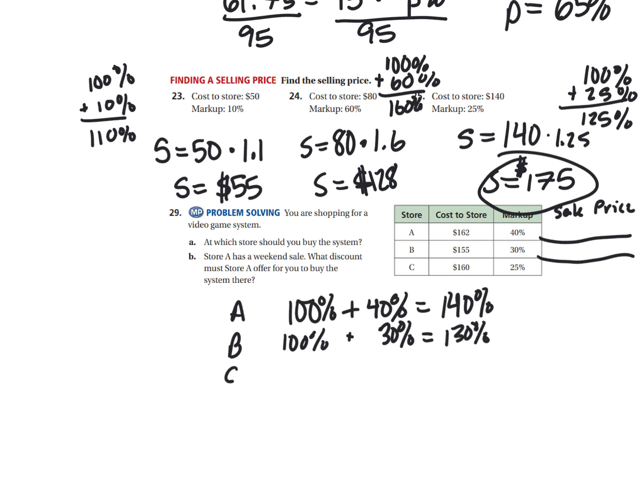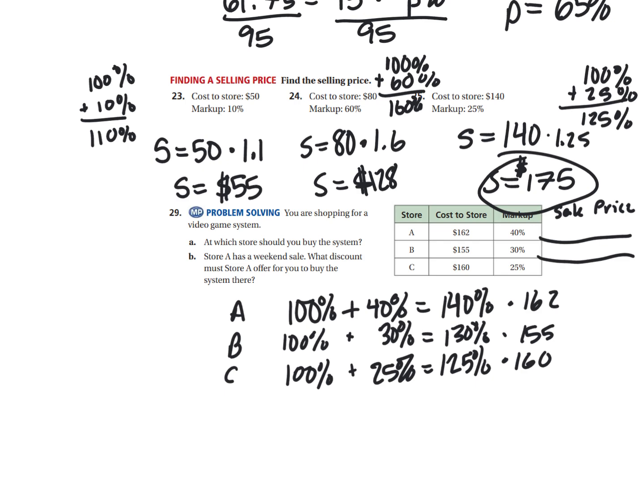And store C's markup is going to be 25%. And those are our new percentages. For store A, right, we're going to multiply that by the cost. Cost for store B, cost for store C.